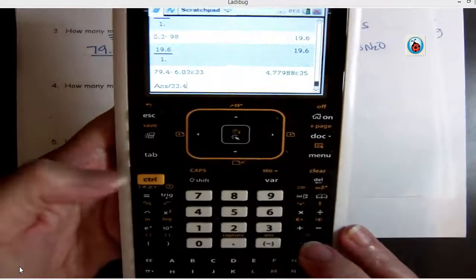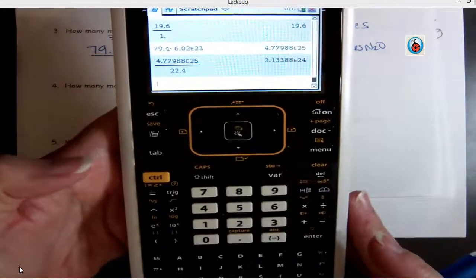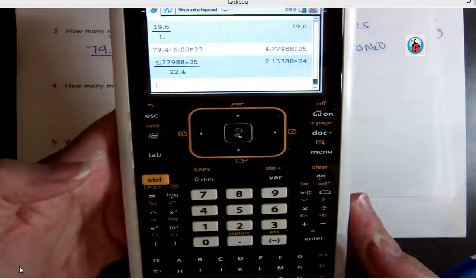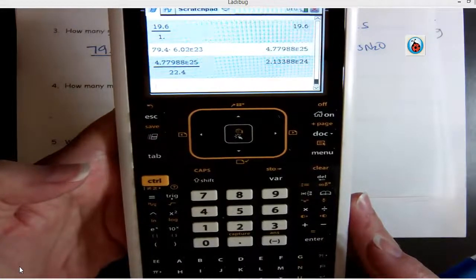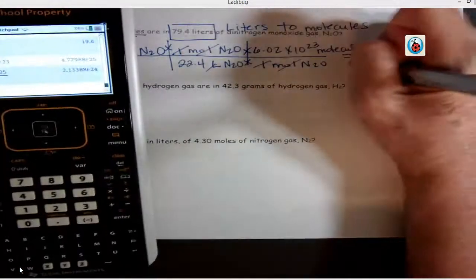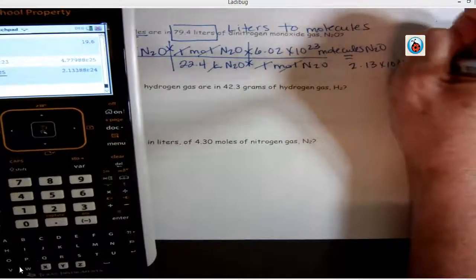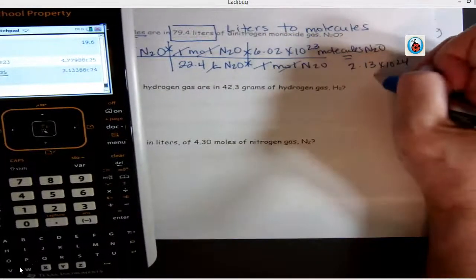I'm going to hit Control Enter, and there's my answer. 2.13, again, round off to 2 places after your decimal, times 10 to the 24. So my answer is 2.13 times 10 to the 24th molecules.